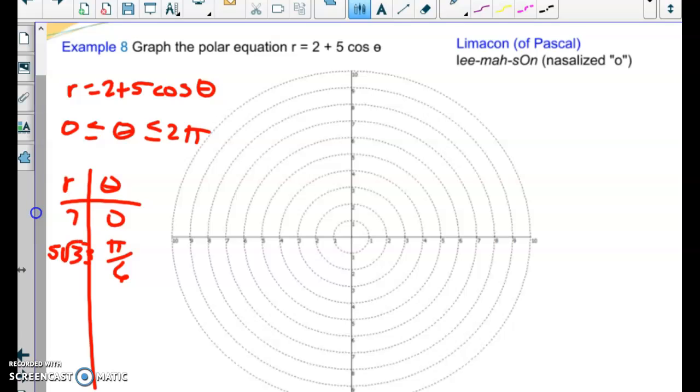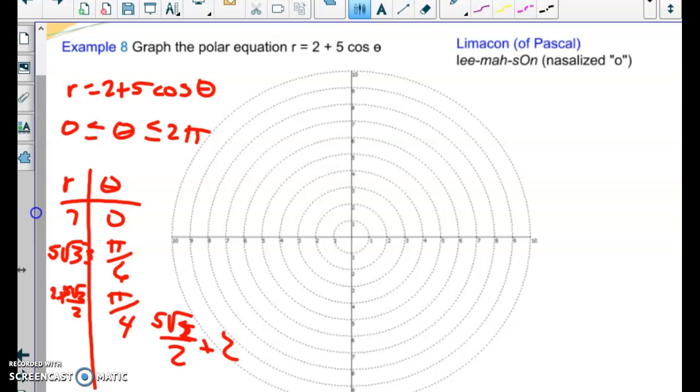And let's try another one. Let's do pi over 4. The cosine at pi over 4 is root 2 over 2 times 5, which would be 5 root 2 over 2 plus 2. And that's 2 plus 5 root 2 over 2.